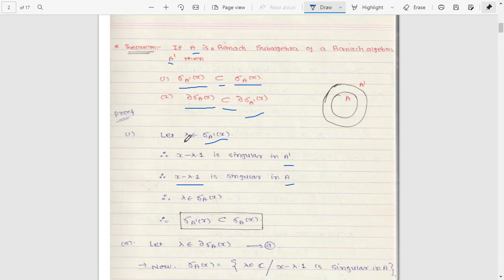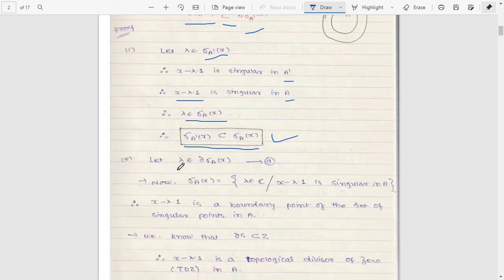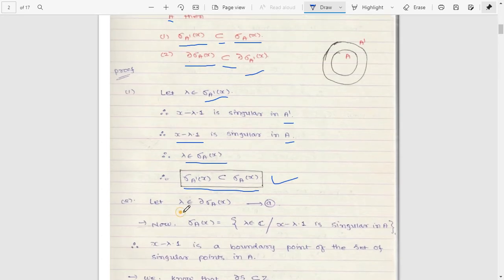We have taken lambda belongs to sigma A dash of x, and we get lambda belongs to sigma A of x. So sigma A dash of x is a subset of sigma A of x. First is complete.